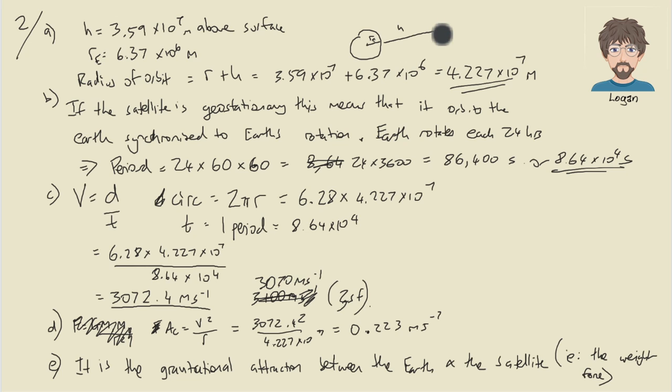And of course, that attraction acts on the Earth and on the satellite, but the Earth is so much bigger than the satellite, it has negligible impact on the Earth. Just do my quick checks. Yep, those answers are all accurate.